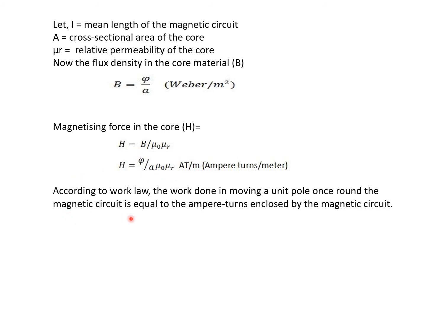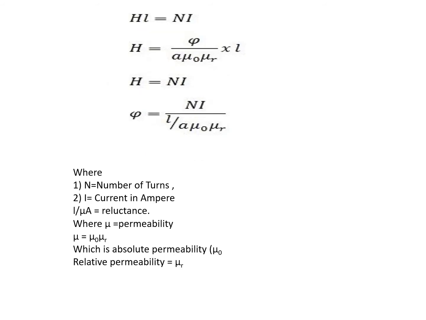Okay. So according to the work law, the work done in moving a unit pole around the magnetic circuit is equal to the ampere turns enclosed by the magnetic circuit. हा इकडे आला HL. HL is equal to N into I. Now here N is the number of turns and I is the current.